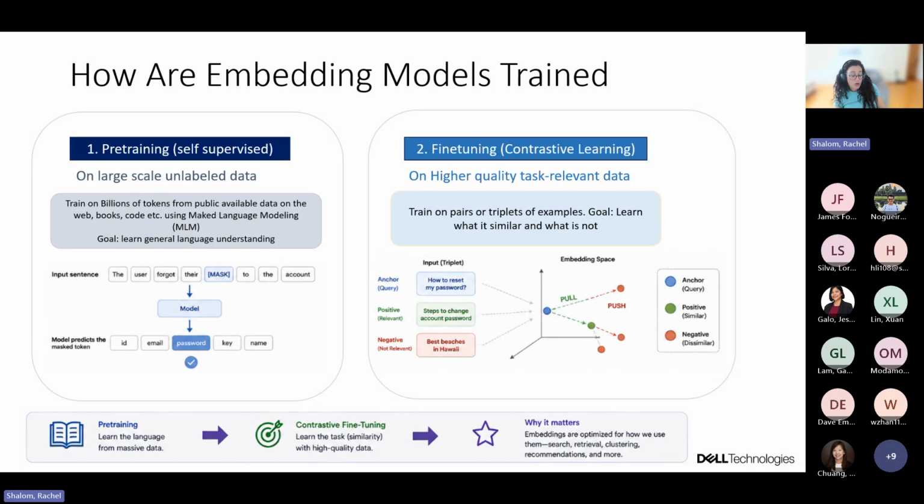One of the most common ways to do it is masked language modeling. This is where, when you have a sentence, you mask one word and let the model guess the word. This stage is normally on billions of tokens. It's a lot of data, massive data.